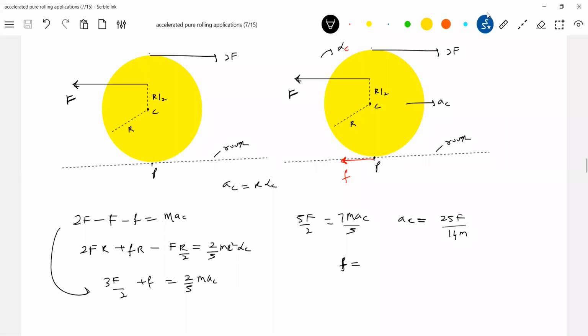Adding up these two, 3F by 2 plus 2F. Okay, that's 5F by 2. AC is equal to 25F by 14M. Anybody friction value?